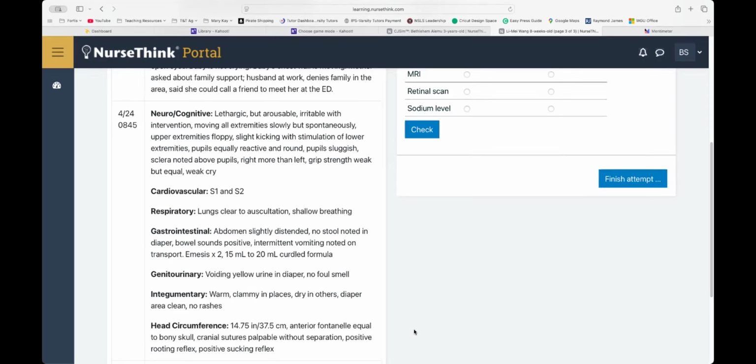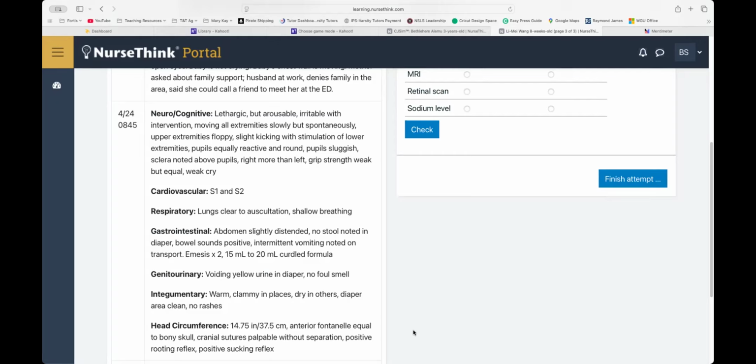What are some good, reassuring signs that we see in her assessment? She's still voiding. Her pupils are equal and reactive and round. They might be sluggish, but at least they're equally sluggish. Same thing with her grip strength, at least it's equal. Even though her extremities are slow, she's still moving.